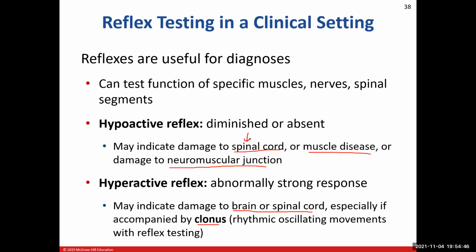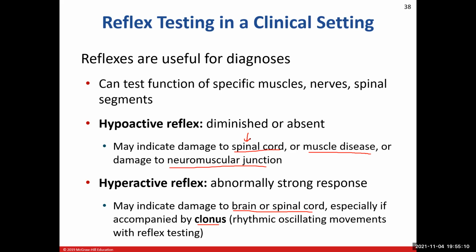The lower motor neuron is damaged, and where is that located? In the anterior horn of the spinal cord, and it exits out through the spinal nerve. So that's why we start to think the spinal cord or some sort of muscular disease, or an issue between where the nerve is innervating the actual effector tissue, the muscle, the neuromuscular junction.